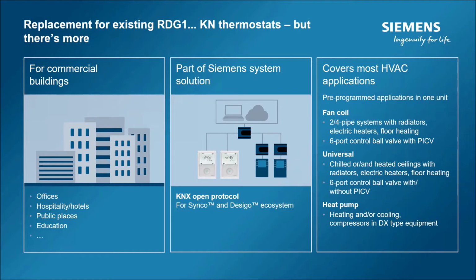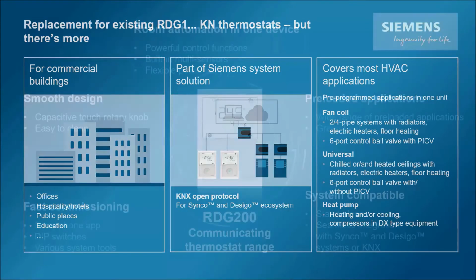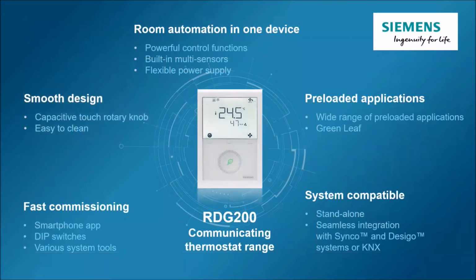It's a KNX device, and it covers most of our HVAC applications that you will find in the field, so mainly fan coil, universal, and heat pump. Those new devices that you can now see on the screen have different features.